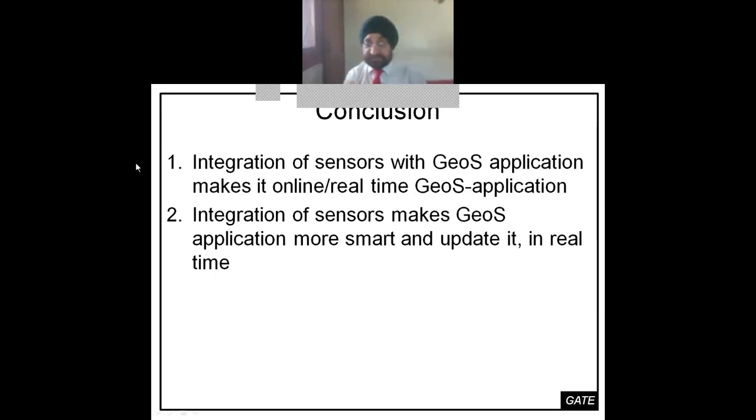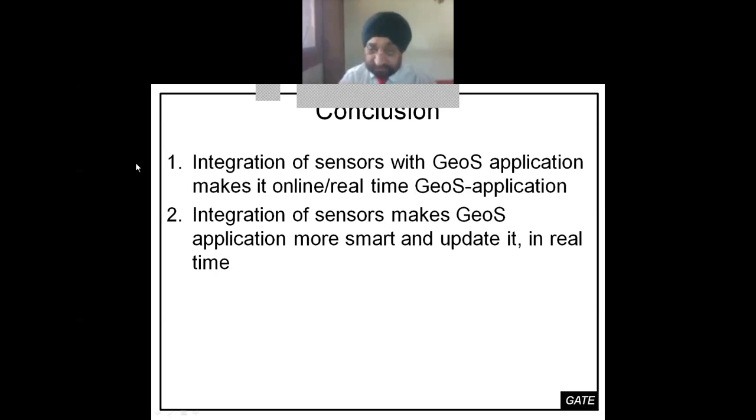The integration of sensors makes geospatial applications smarter, and if we put in actuators, sometimes they take action automatically. So it's a smarter application. It's a smart application because of the sensors, because it is 24/7, because it is real time.